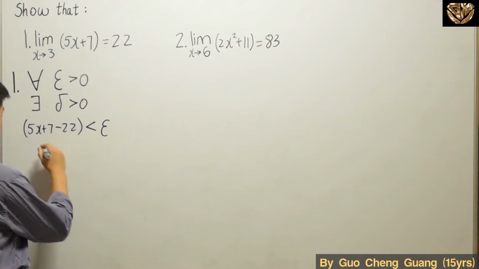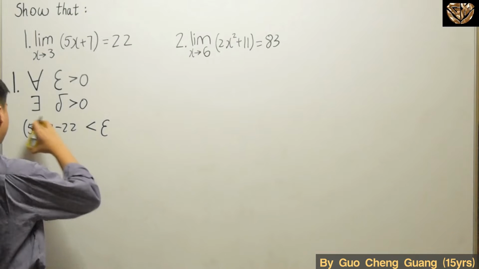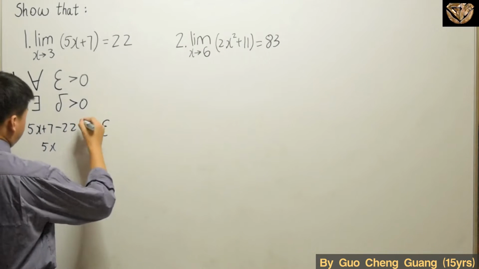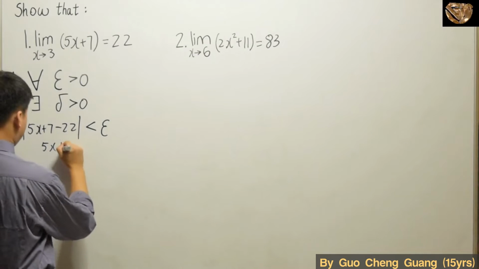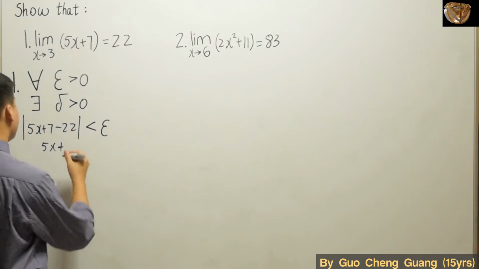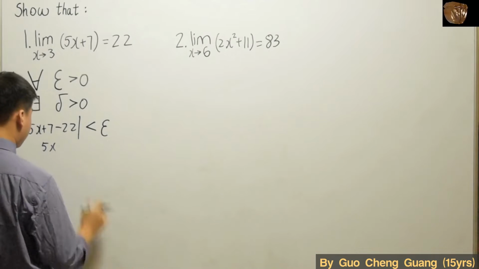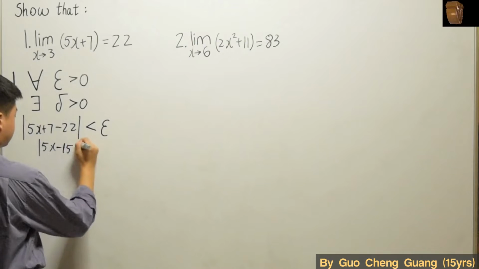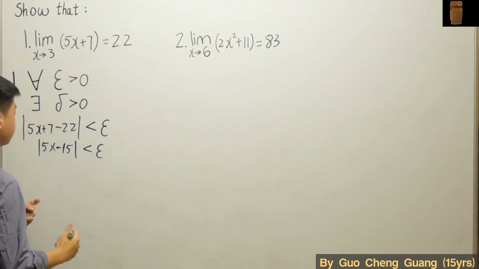When you have this, you have to be a little more aware of this part, since maybe it could be negative, maybe it could be positive, so it is rather safer. I did say safer, since in some cases there will be positive and negative values. So the modulus of 5x minus 15 is smaller than epsilon.